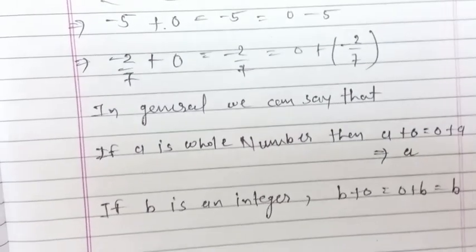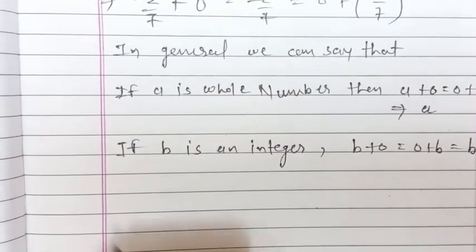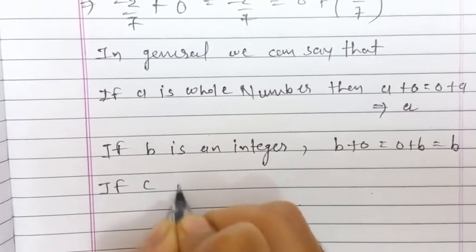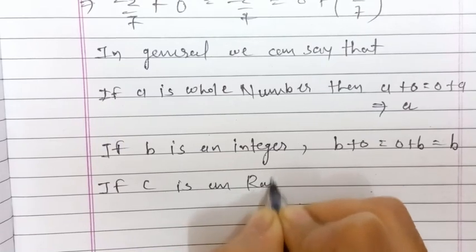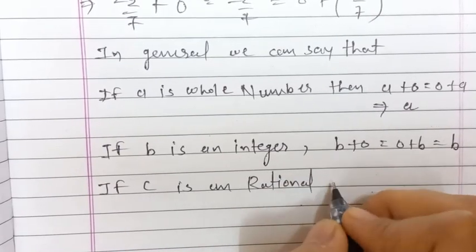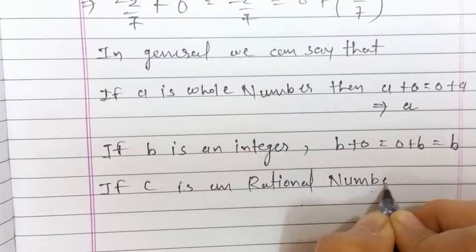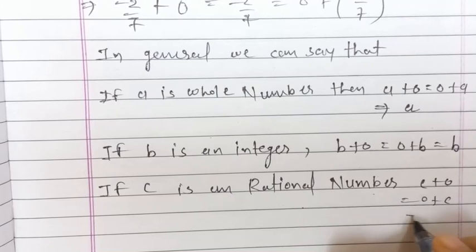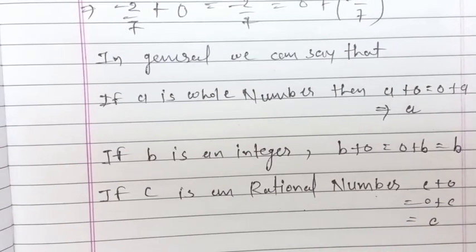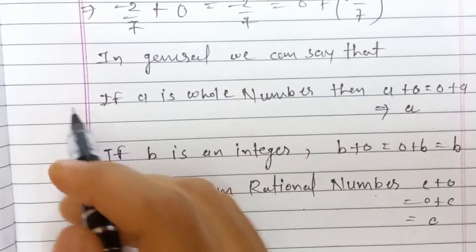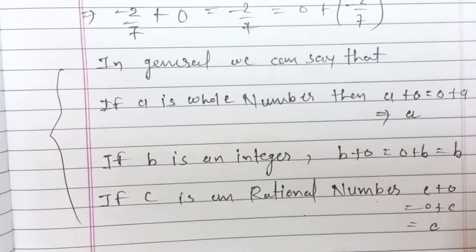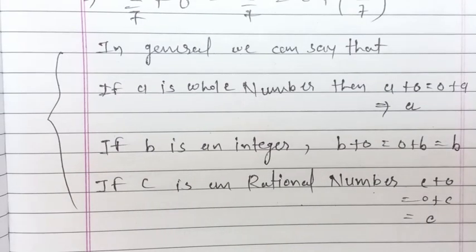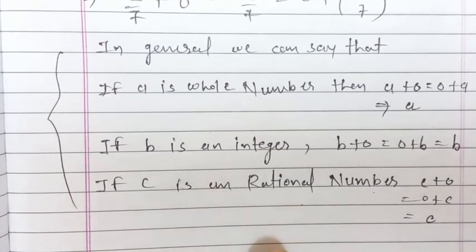After this, if C is a rational number and we add 0 to this rational number, then we again get a rational number. So by this we can say that 0 is called the identity for the addition of rational numbers.